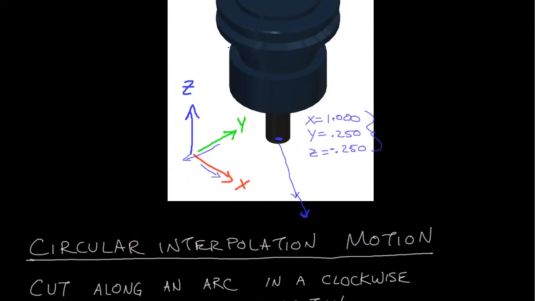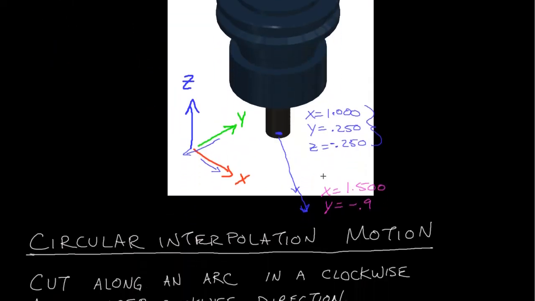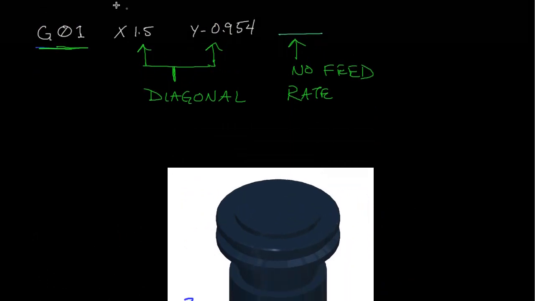So let's take a look at where it will end up. X is equal to 1.500, Y is equal to negative 0.954, and Z is still equal to negative 0.250, because we still have not told it in this code right here to move the Z location.